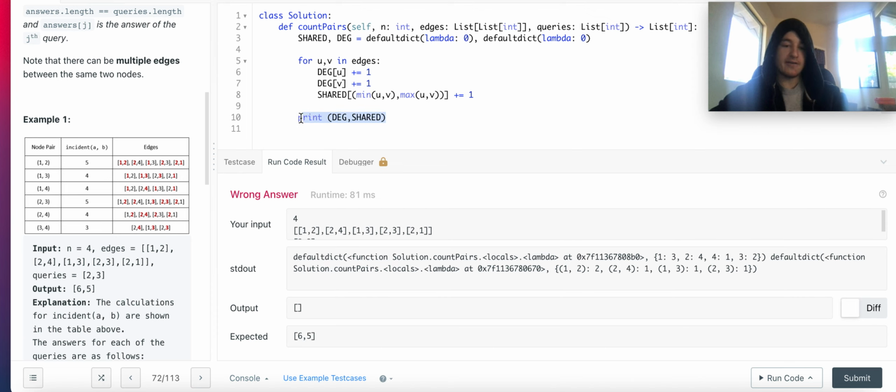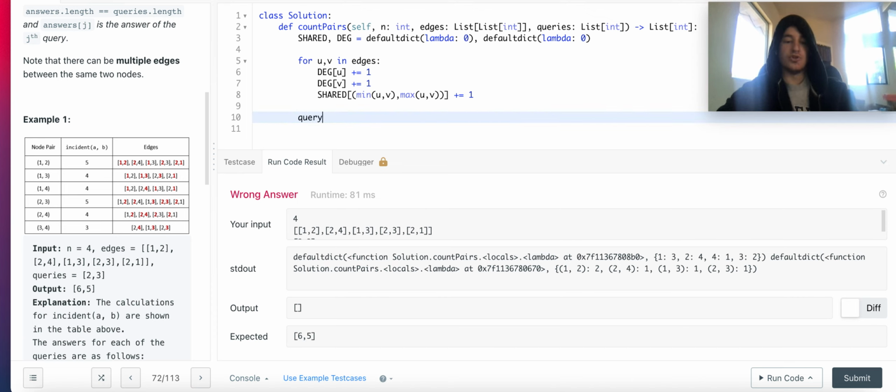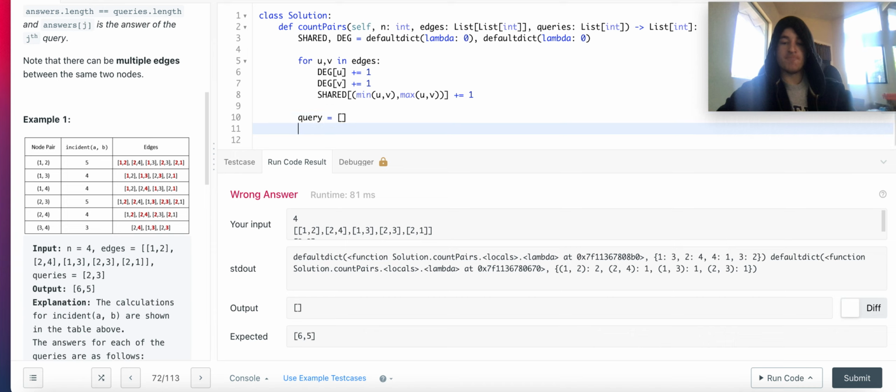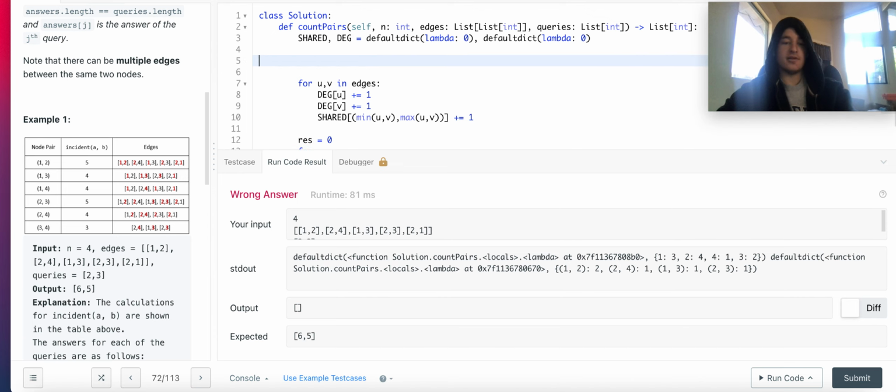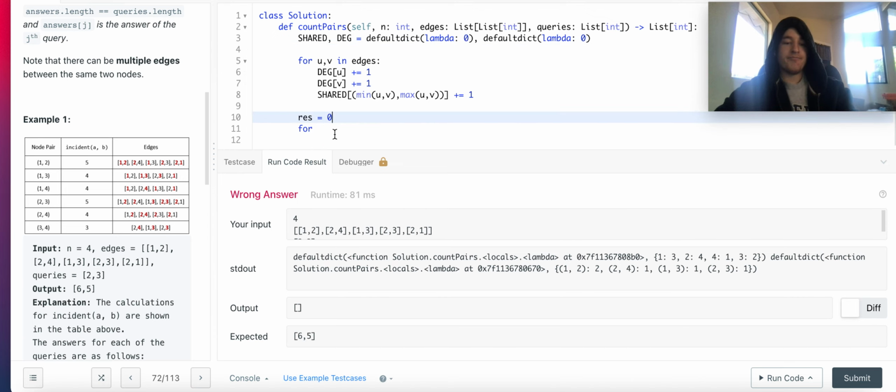So we'll do the inefficient solution quickly. We'll say res is going to be the solution. And then we'll look at the incident. Actually, no. So we'll look at each query in queries.